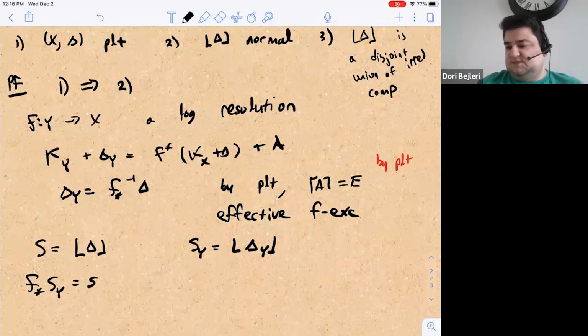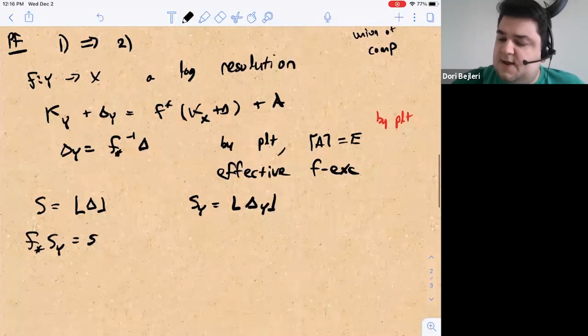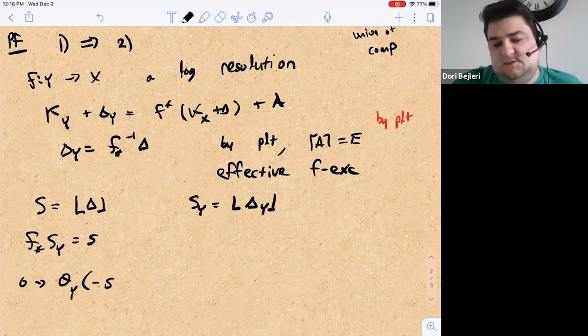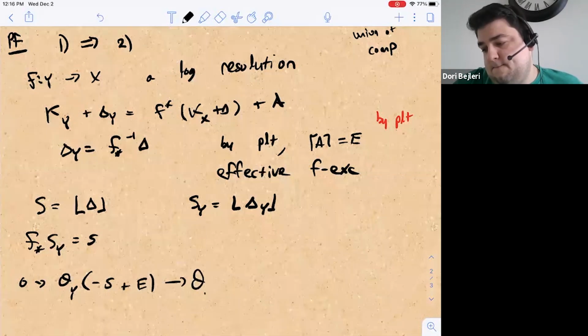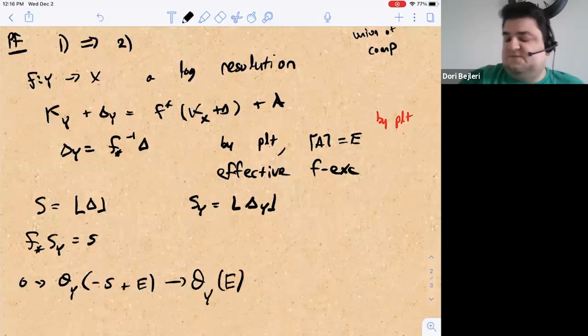So the coefficients stay the same. The components of coefficient 1 in delta are the same as the components with coefficient 1 in delta y. And now we're going to write down a sequence for restricting to S. This effective exceptional piece.